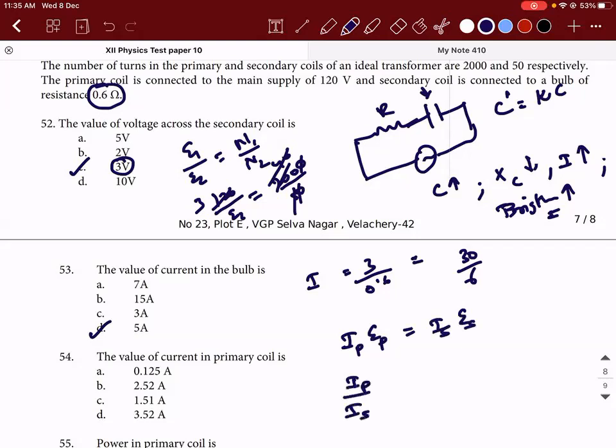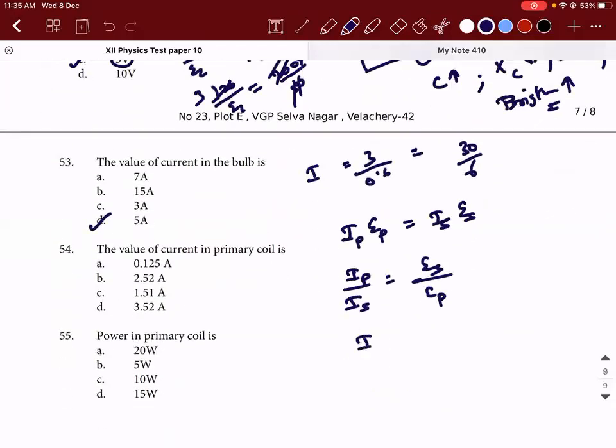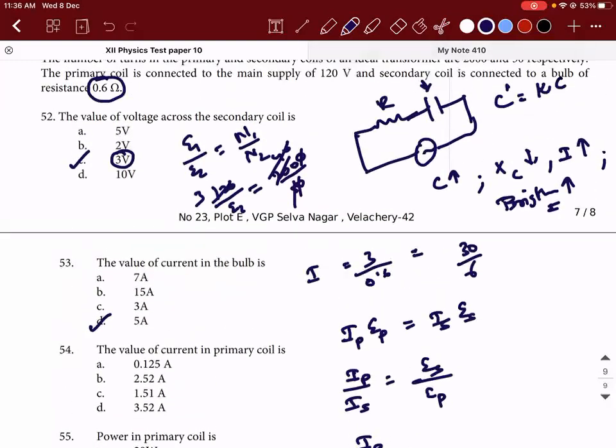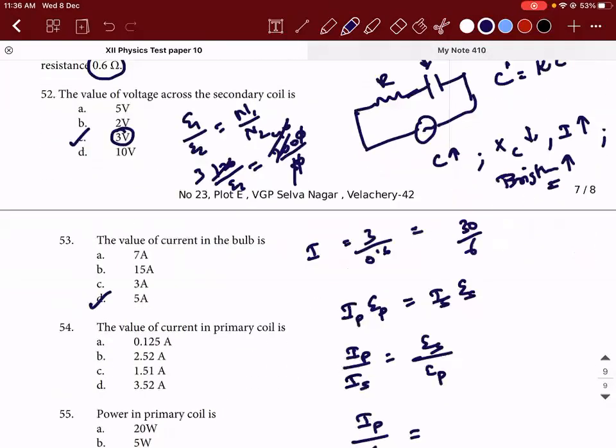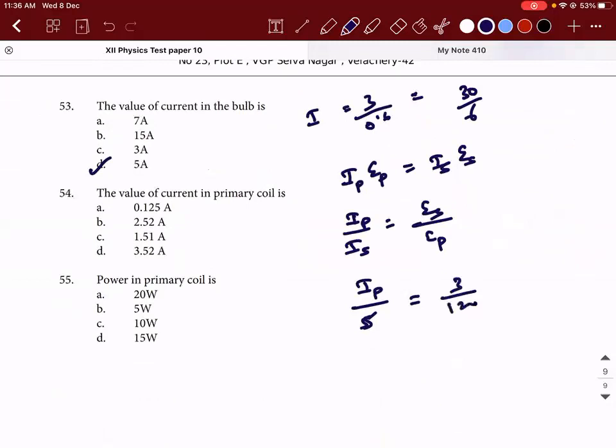So IP divided by IS is equal to ES divided by EP. What is the current in the secondary coil? That is 5. IP divided by 5 is equal to ES, which is 3, divided by 120. So this goes 40 times. So 1 by 8 is 0.125.